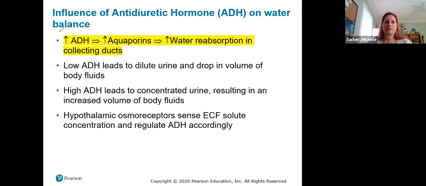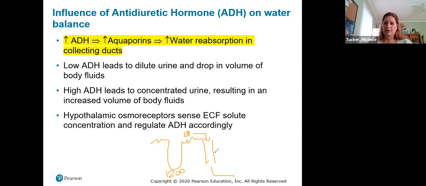If the pituitary increases secretion of antidiuretic hormone, then those aquaporins get, if you remember from the urinary system, we have our proximal tubule, our loop, our distal convoluted tubule, and then our collecting duct. At its most concentrated, filtrate is at 1200 milliosmol. Once it gets to the distal convoluted tubule, it is 100 milliosmol. And then it goes to the collecting duct to be excreted.